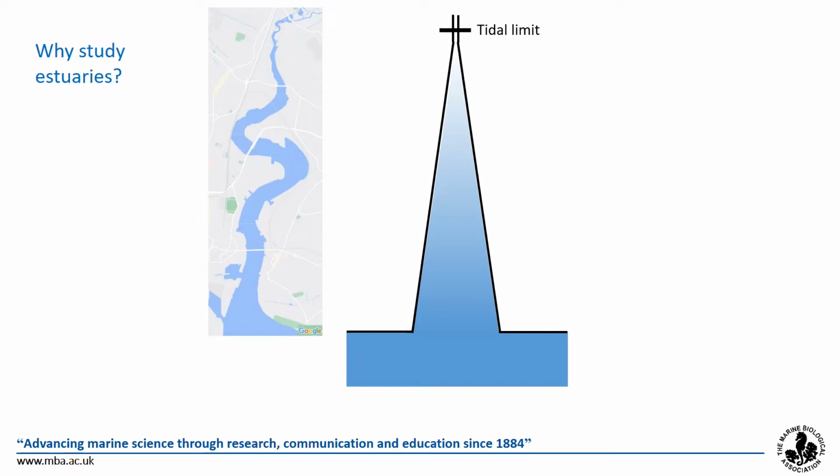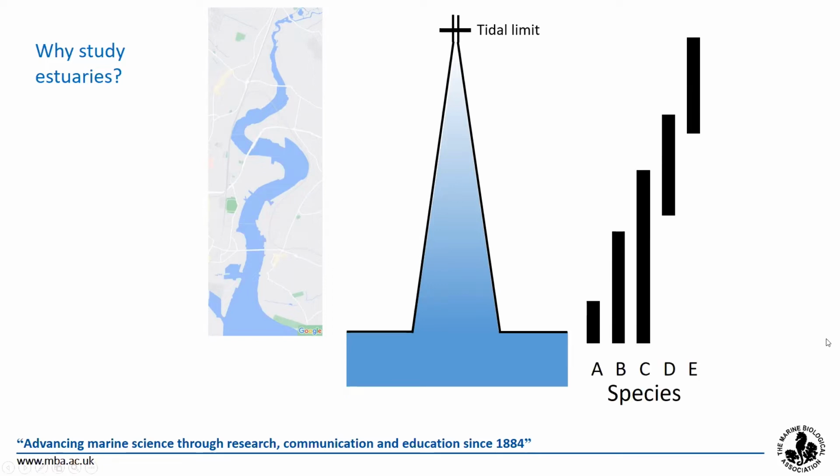Also, there are other gradients, perhaps a gradient in oxygen concentration, and almost certainly changes in the sediment load up and down the estuary. So there are these strong estuarine gradients, and we would surmise that species would arrange themselves along the estuarine gradient in terms of their zones of occurrence, in light of their environmental tolerances.